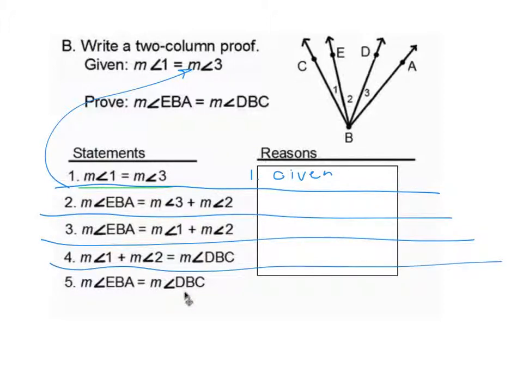And then 2. Why does the measure of angle EBA, so I'll mark it over here, equal angle 3 plus the measure of angle 2? Well, measure of angle 2 plus measure of angle 3 is equal to the blue one. So that is by the angle addition postulate.